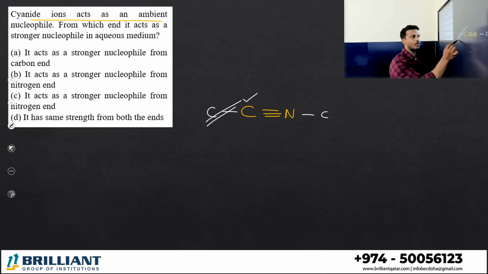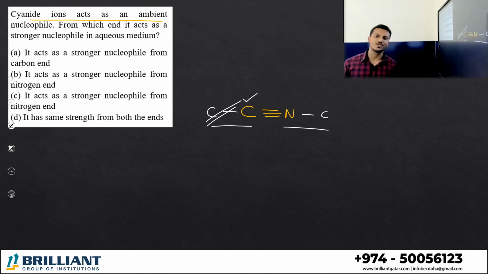If carbon making the bond is called cyanide, nitrogen making the bond is called what? Isocyanide. Correct. Which is stronger? Which end, whether carbon end or nitrogen end in cyanide, can act as a very strong nucleophile in aqueous medium?